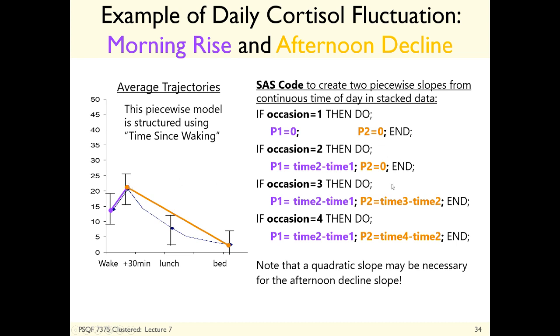So this set of code requires you to have 4 variables in columns as to when time 1 was, when time 2 was, when time 3 was, and when time 4 was. And then you could use this code to subtract. So it's the difference in time from 1 to 2 that makes up this. The second slope is off. If occasion equals 3, then the first slope stays right where it is, and the second slope picks up.